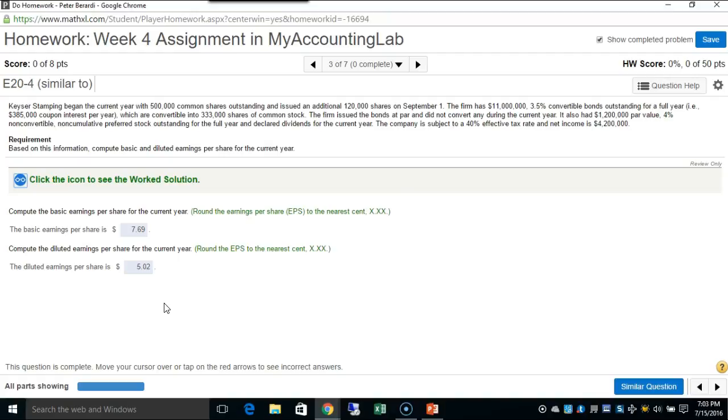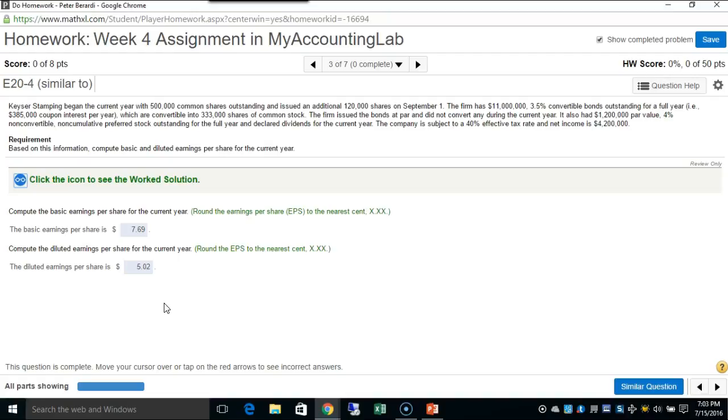The next problem requires a basic earnings per share calculation, in addition, a diluted earnings per share. So our company, Kaiser Stamping, began the current year with 500,000 common shares outstanding and issued an additional 120,000 shares on September 1st.